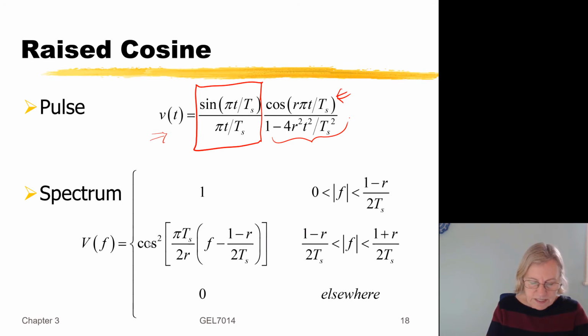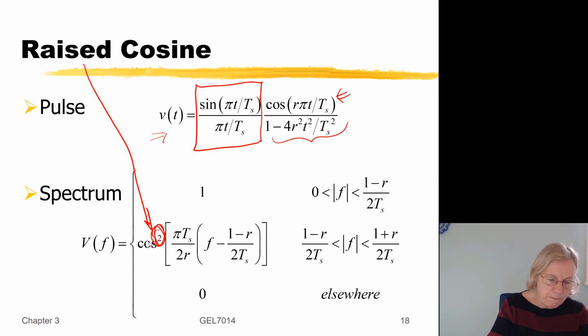And in the frequency domain, it has a very simple form. And we can see that it's a bandwidth limited pulse, has finite bandwidth, and here we see a cosine squared, and because it's squared, it's strictly positive, which is why we give it the name, the raised cosine.